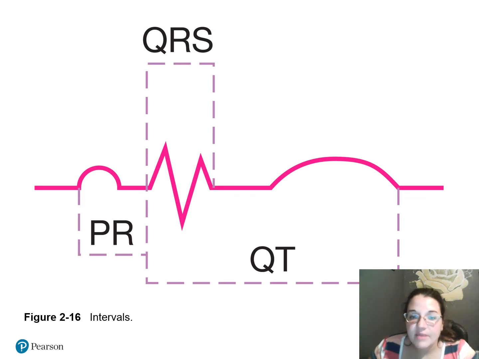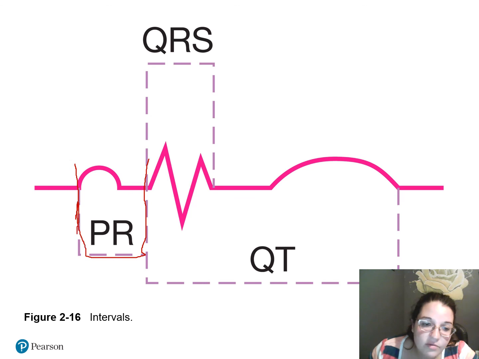So again, my PR interval is from the beginning of my P wave to the beginning of my QRS. How can I tell where it begins? When does the baseline change? That's how I can tell. My PR interval needs to be between 0.12 and 0.20. I could be wrong, I have to double check that.